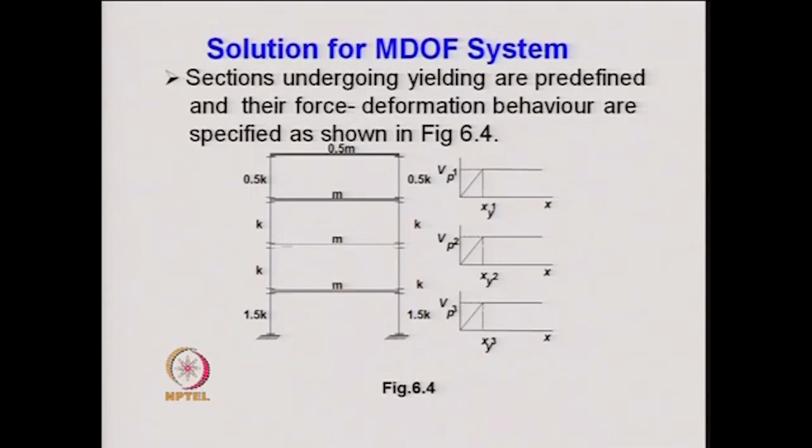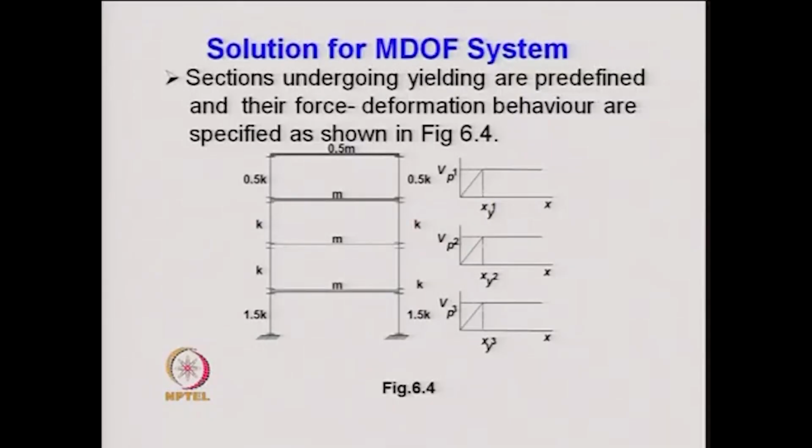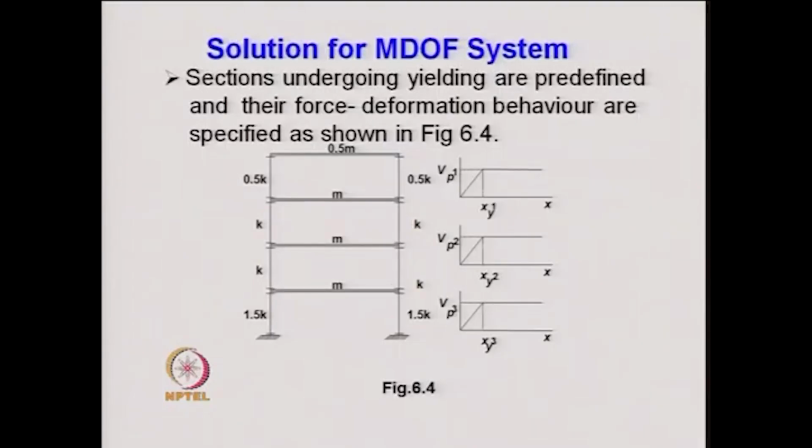For example, the bottom story has a stiffness of 1.5 K, the top story has a stiffness of 0.5 K, and the in-between stories have a stiffness of K. The plastic shear capacity of the columns is Vp3 for the bottom column, and Vp1 and Vp2 for the others, and these are the elastoplastic behavior of the column in shear.